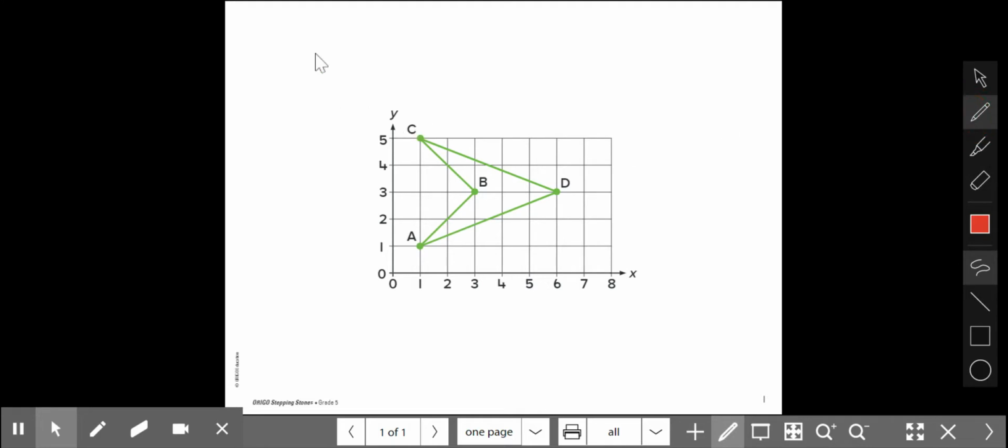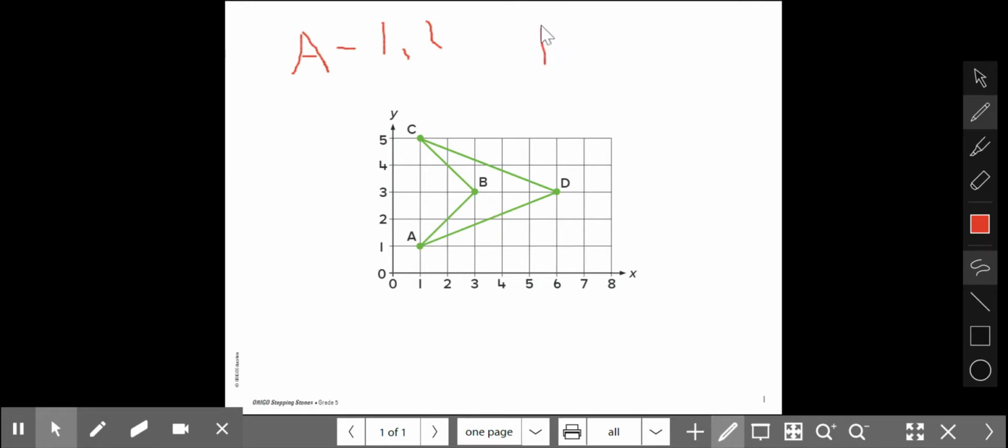Let's take a look and see if we can find on this grid where point A is. Point A, we have to measure. We go over 1, so we know it's 1, and it is 1 up. So the way that we would mark this, if we didn't have a T-chart of any kind to write this out, we would say A is found at 1 and 1. A comma would be what we would need to separate that.